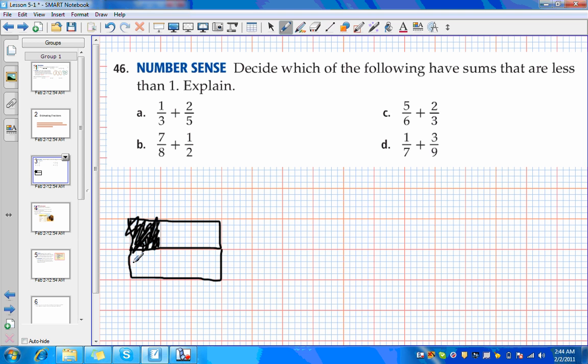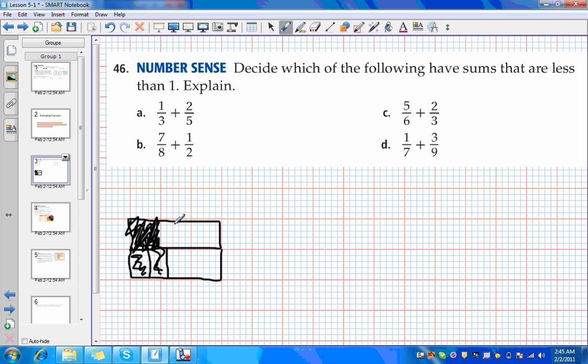So let me measure this out in fifths. 1, 2, 3, 4, 5, 6, 7, 9, 10, 11, 12, 13, 14, 15. So a fifth would be 3. 1, 2, 3. So that would be 2/5 of the same size whole, right?